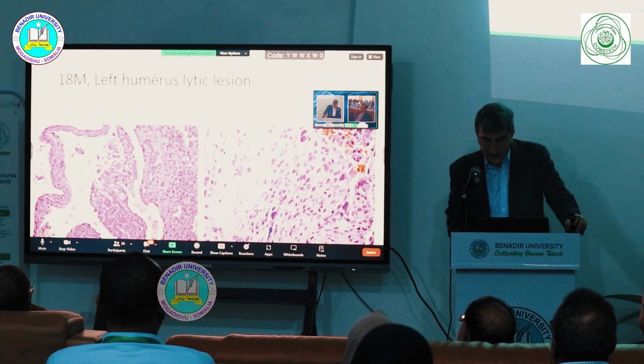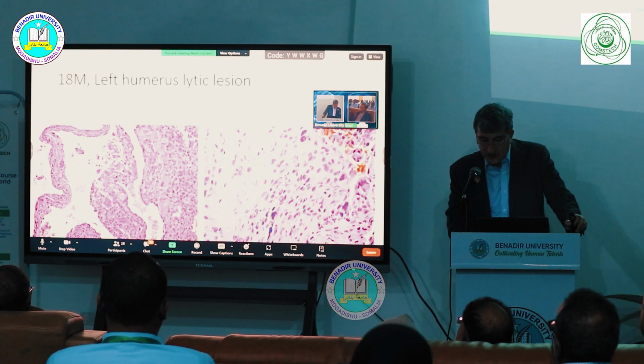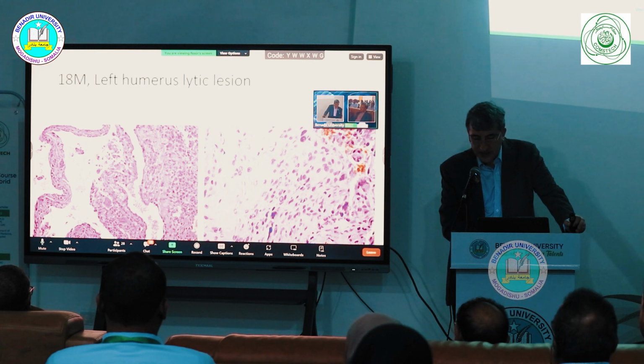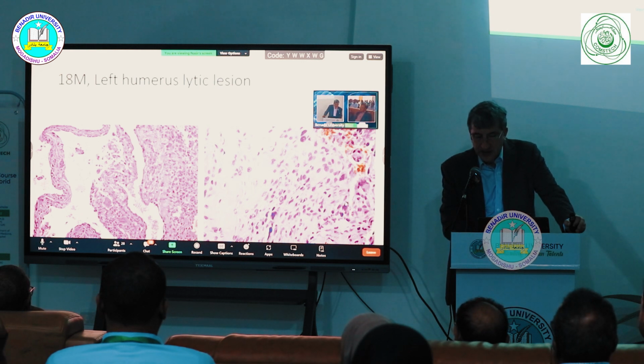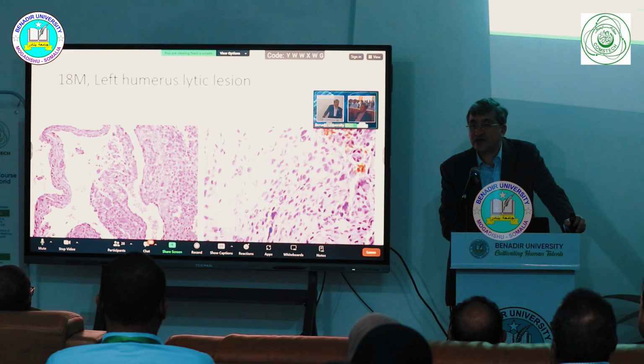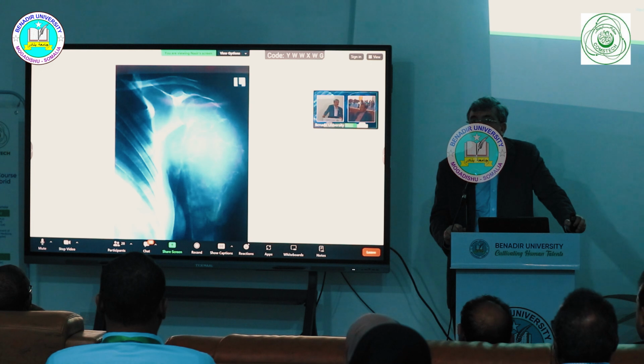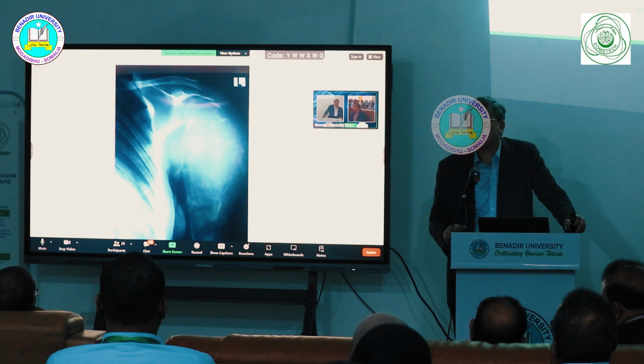So in this case, on close inspection, you see few large atypical cells. These are very few, but if you see the radiology, it is very aggressive.